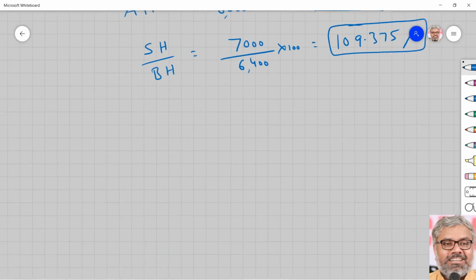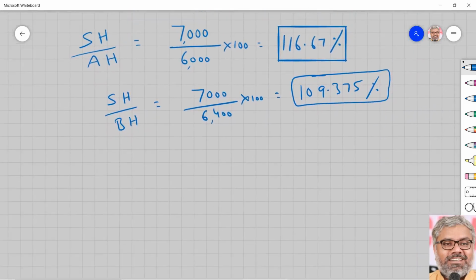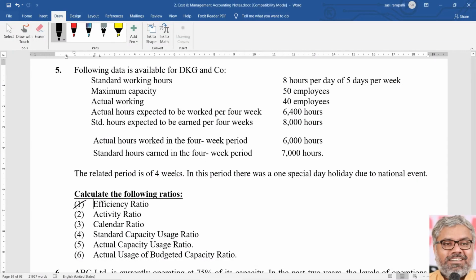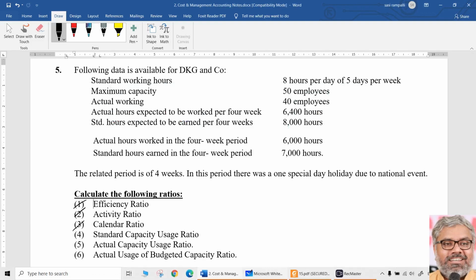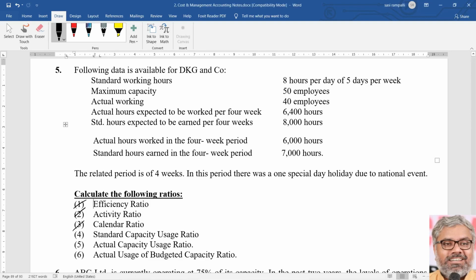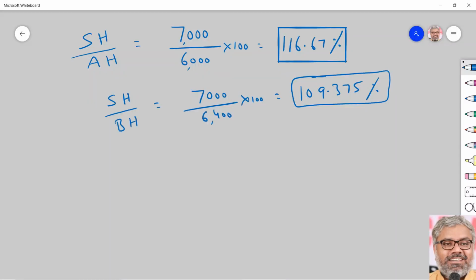Then the third one, that is the calendar ratio. What is calendar ratio? Number of working days actually worked divided by budgeted working days. According to the question, it was 5 days per week, so 4 weeks means 20 days are supposed to be worked.